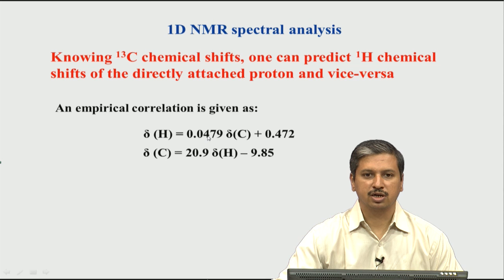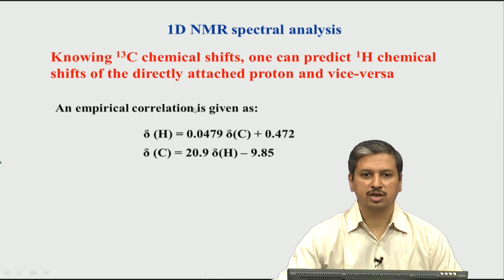Similarly, for hydrogen, let us take an aromatic system. Aromatic carbon, we know, typically comes somewhere around 140 ppm. If you multiply this 140 with this and do the math, it will come somewhere around 7 ppm. So, hydrogen for aromatics, we know, comes somewhere around 7 to 8, let us say 7.5 ppm, and the carbon will be around 140 ppm.